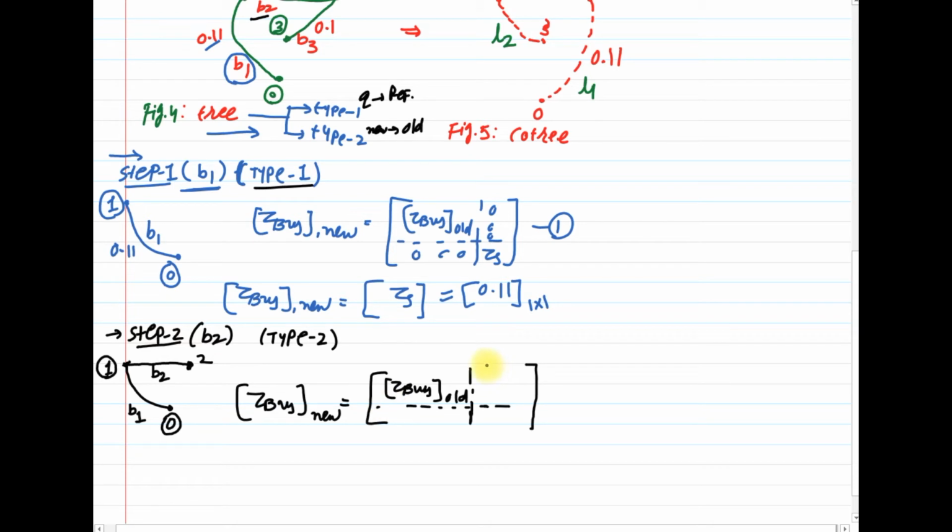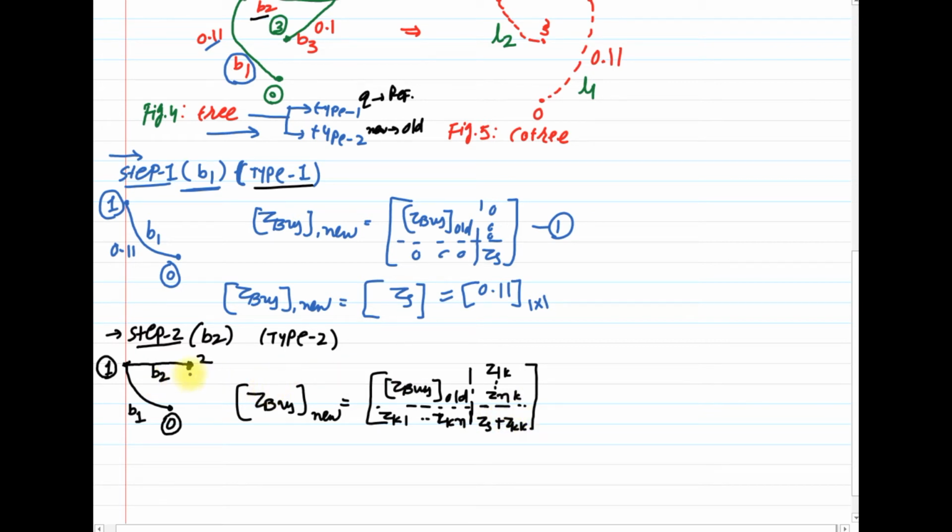Here it is Z1k up to Znk, and here in column it is Zk1 up to Zkn. Yes, it is Zkn. Okay, and the diagonal element which is Zs plus Zkk.